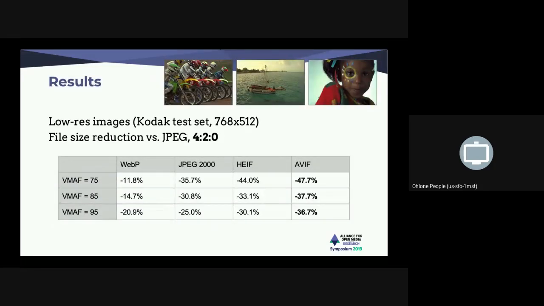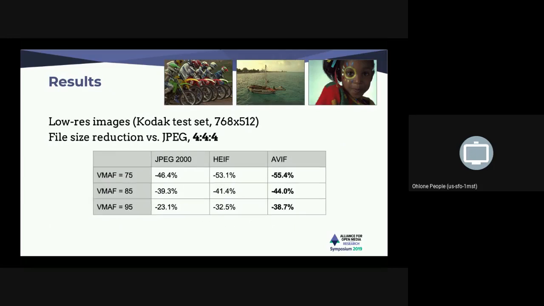The first set we use is the Kodak test set, and here we're reporting the file size reduction compared to JPEG for 420 sampling. As you can see, AVIF is consistently better at all these VMAF points, even better than HEIF. The same set at 444 sampling, still a lot better.